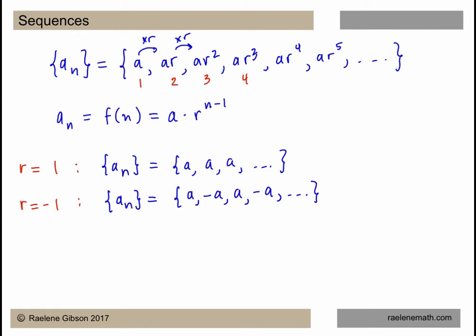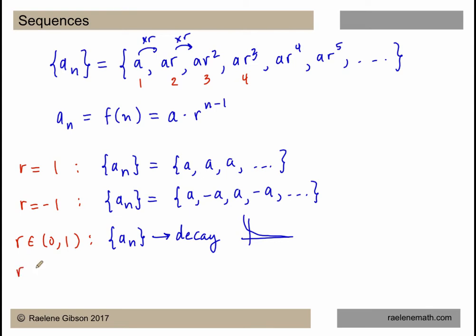And if r is somewhere between 0 and 1, we can see that the terms are going to decay. And we would have a decay graph that looks like this with a horizontal asymptote of y equal to 0.